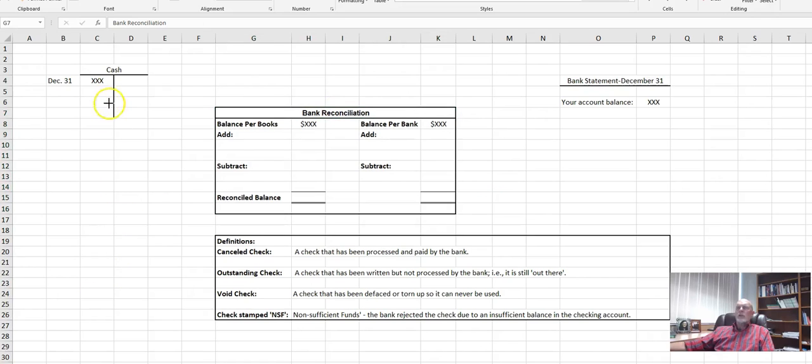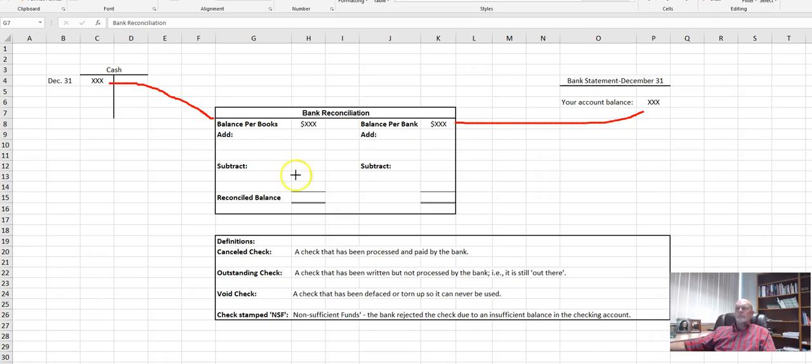The balance that you have in your account, we call that the balance per the books. And so that would be, again, whatever the ending balance is, say we have on December 31st. And then we're going to get a bank statement as of the end of the month, and it will also indicate how much we have, but those two numbers may be different. So what we're going to do is reconcile those two.